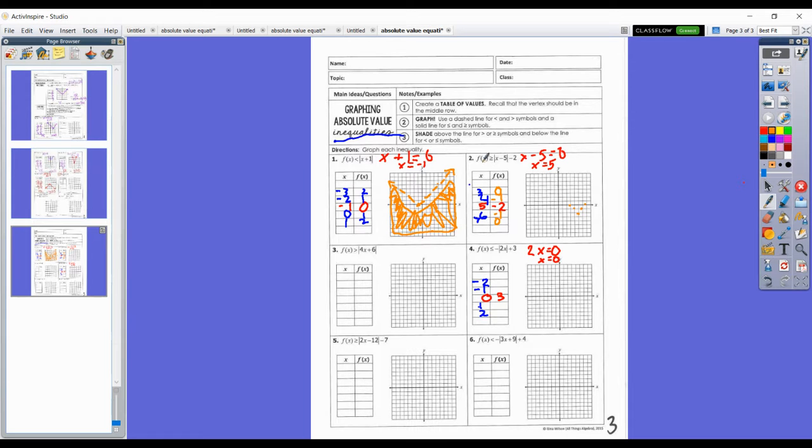Now, is it dashed or is it solid? Well, it's equal to the line, so it's going to be a solid line. Now, the last thing is, do I shade above or below?